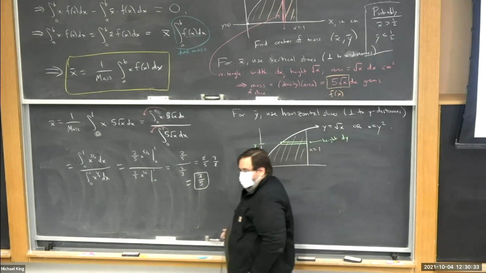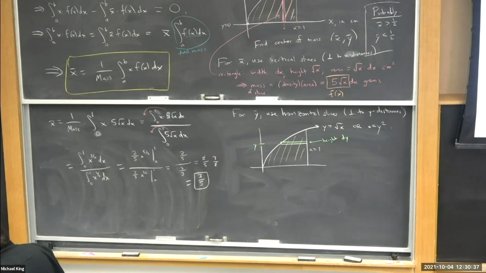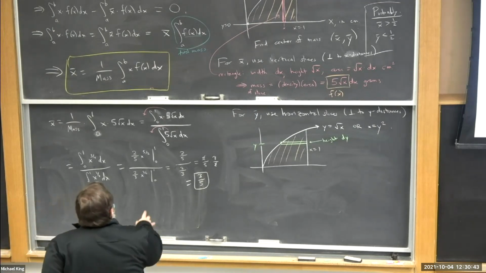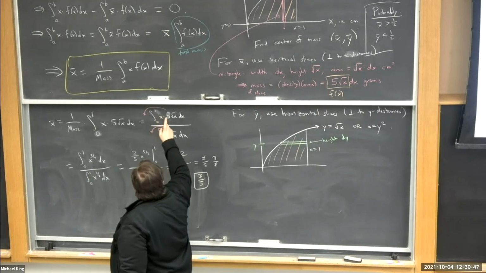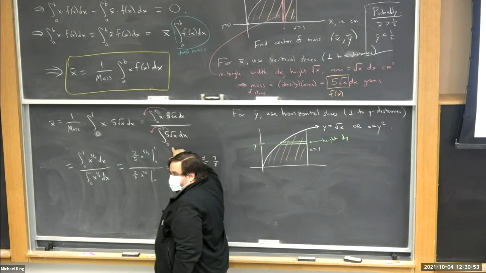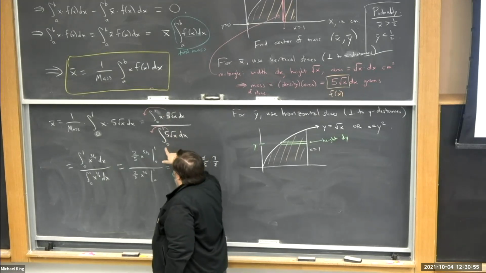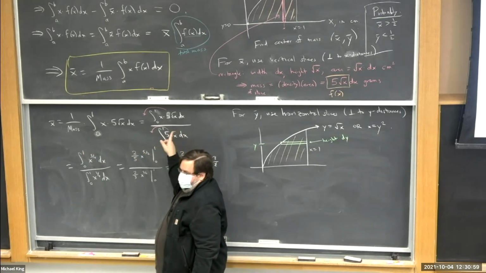Where's this coming from? This is the mass, because if I want the mass, this is the mass of a slice. So if I want the total mass, I would just integrate. So 1 over mass equals 1 over this thing.